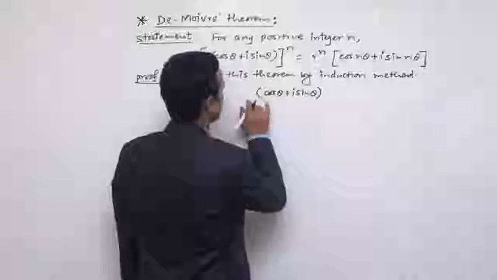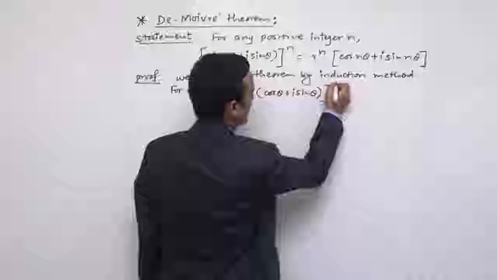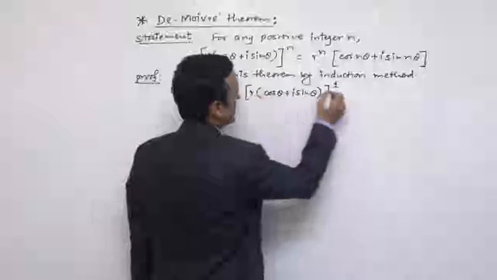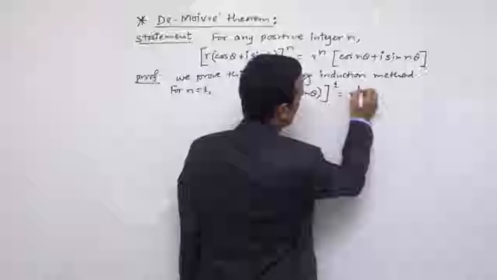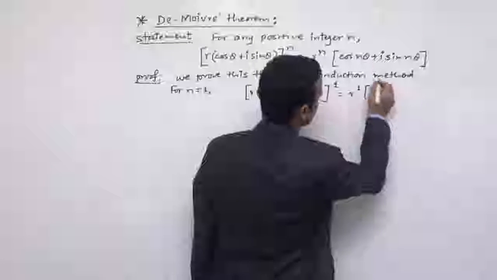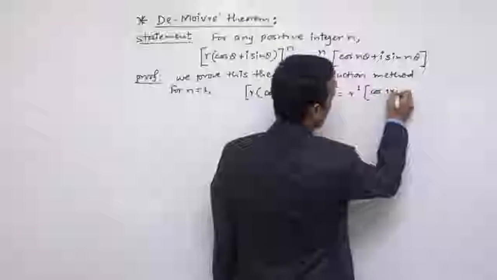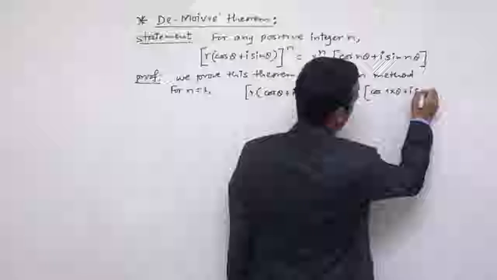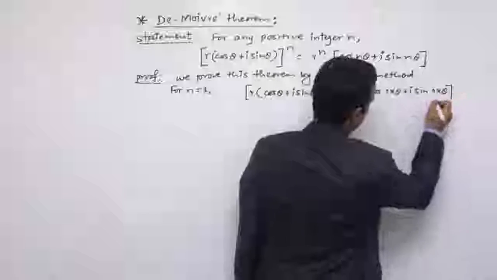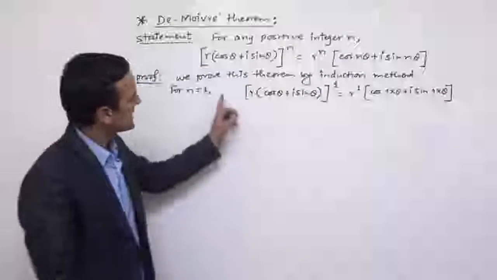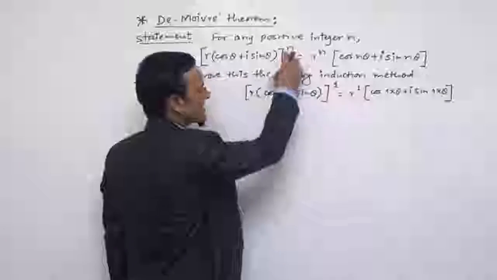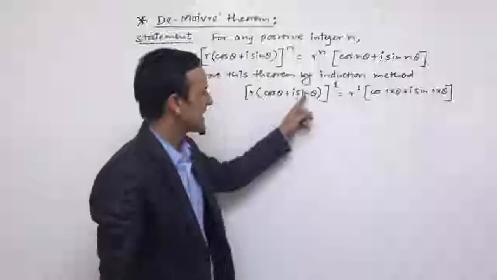Oh, it is r, not this one. This is r and n replaced by 1 is equal to r power 1 and in the bracket cos 1 into theta plus I sin 1 into theta. Where n is, putting 1, we get this term r times cos theta plus I sin theta power n.